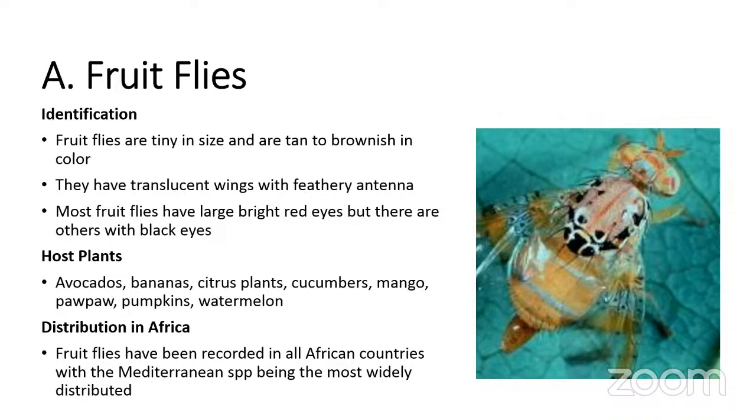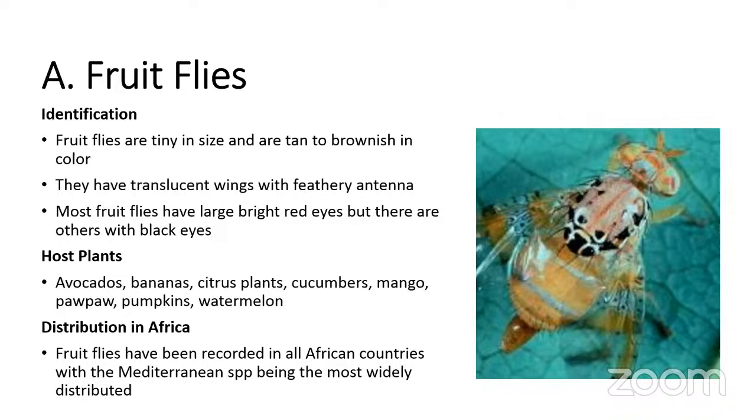Then the fruit fly doesn't only attack the avocados. There are other host plants which are liked by the fruit flies. And among those, there are bananas, citrus plants, cucumbers, mangoes, pawpaw, pumpkins, watermelon, name them.